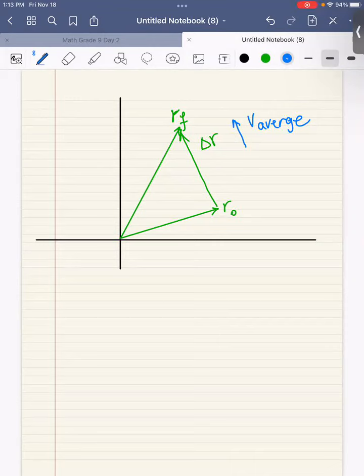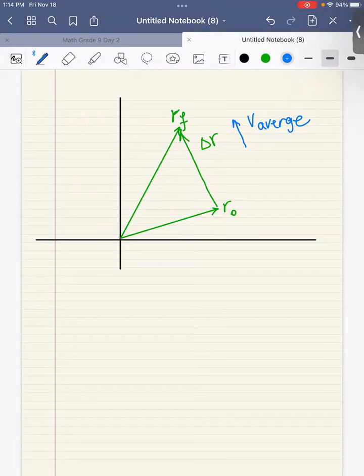Let me clarify this. R0 and r_f, and in general r, are vectors. That means they have two components, x and y. When you want to subtract them, you get another vector with two components, like delta r.